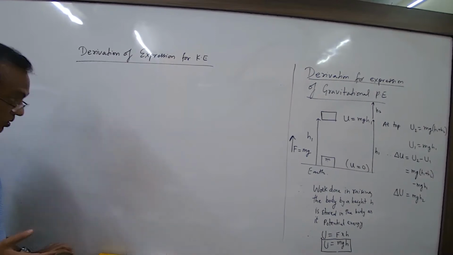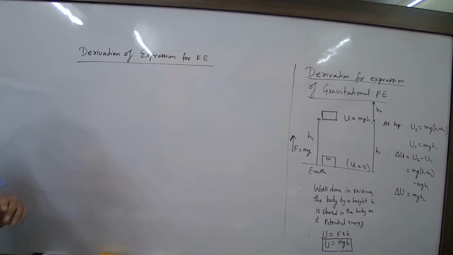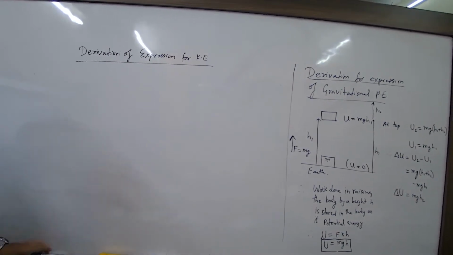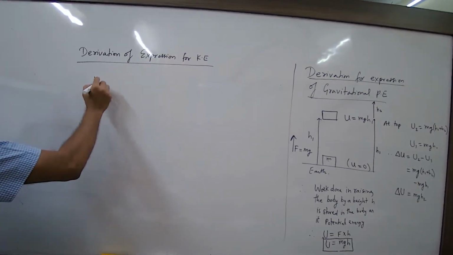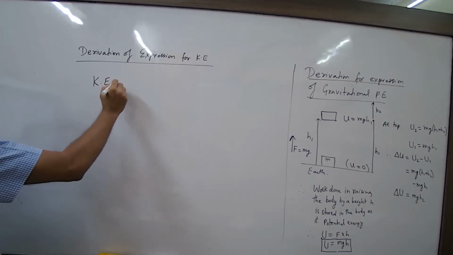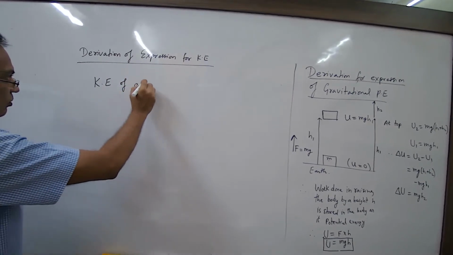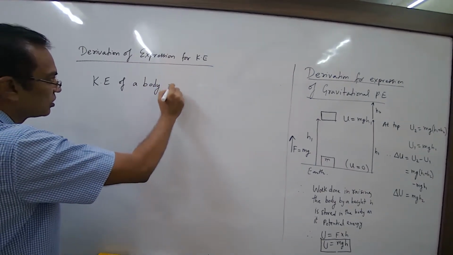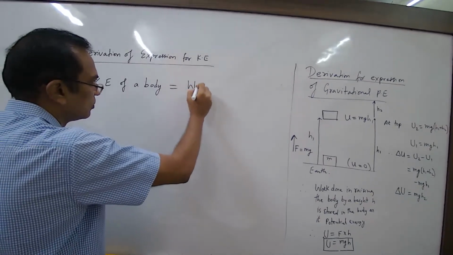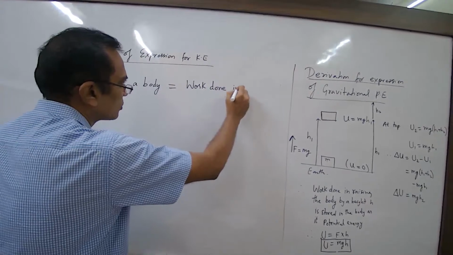So whatever work I am doing must be equal to the kinetic energy in the body, correct? So that's the logic I will use here. Kinetic energy of a body is equal to work done in stopping it.